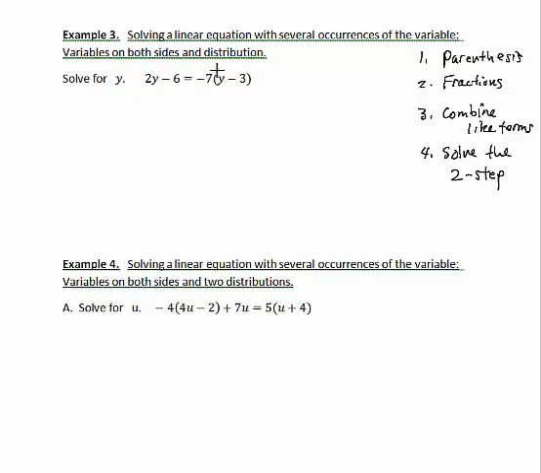Alright, so parentheses are the first thing that we want to address, and they are only on the right side, so I'm simply just going to rewrite the left side. There's nothing to do there yet. On the right, I want to distribute the -7.